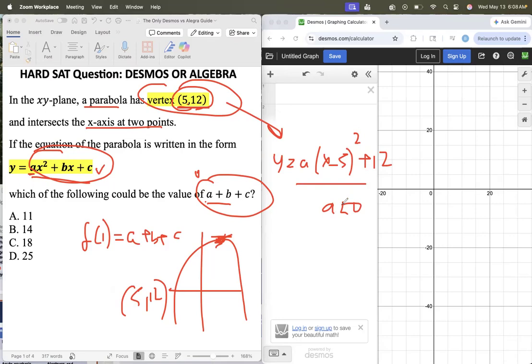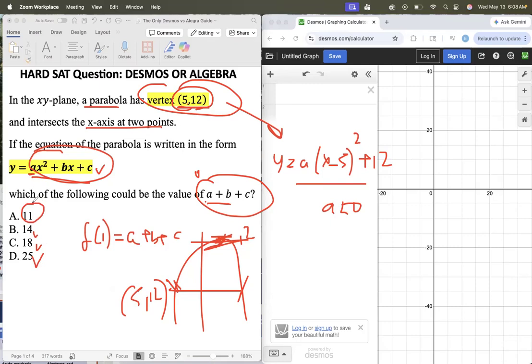If that is the case, and I have two solutions, that means I have 2 points of intersection, the maximum value I'm going to get is going to be 12. There shouldn't be anything greater than 12. And if that's so, your answer cannot be 25, 18, 14. Your answer has to be 11.